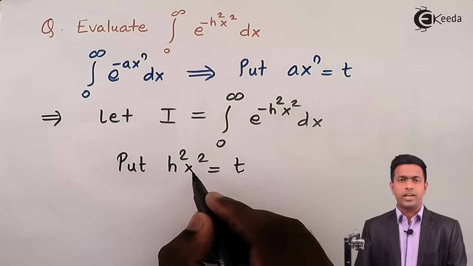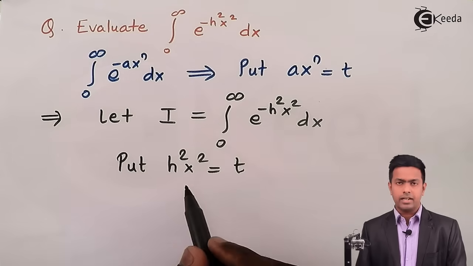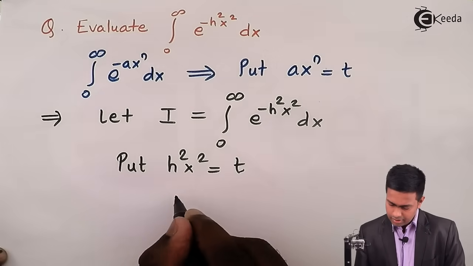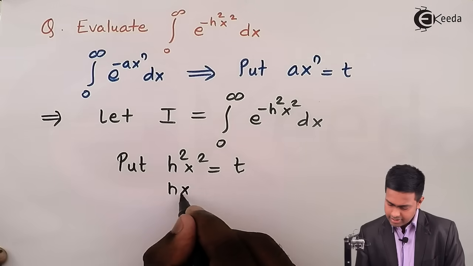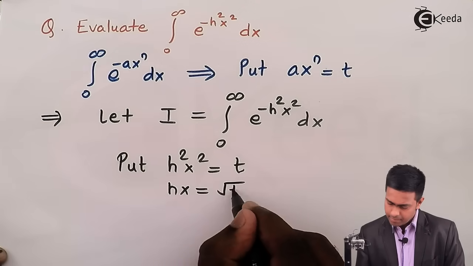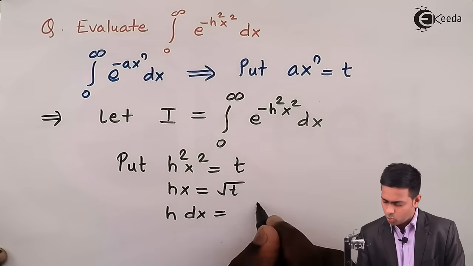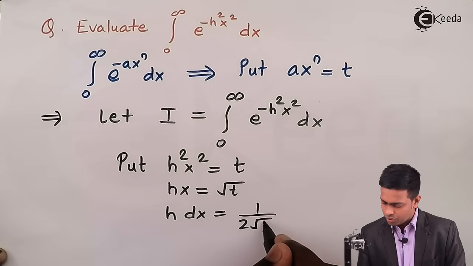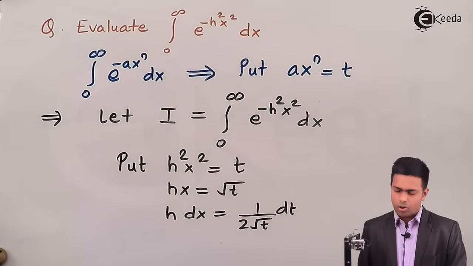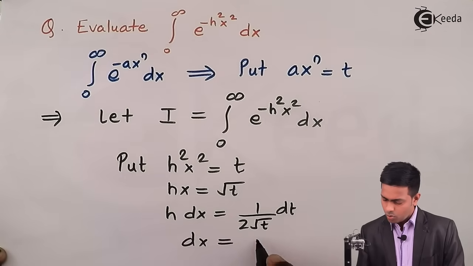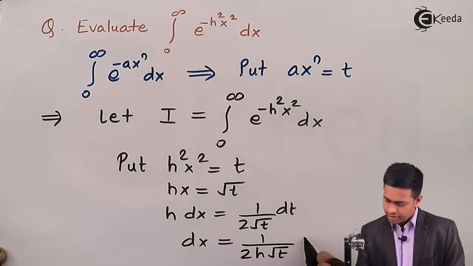Now let's find the differentiation and get the value of dx. So here we'll get hx as root t. So h dx is equal to 1 upon 2 root t dt, or we can say that dx is equal to 1 by 2h root t dt.